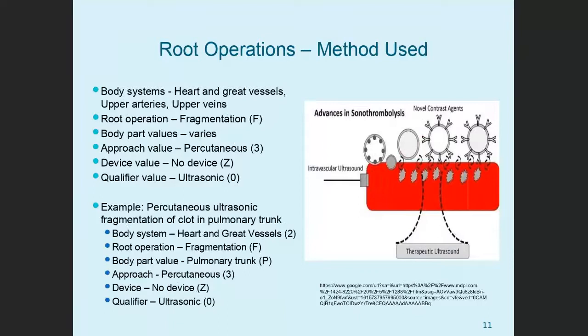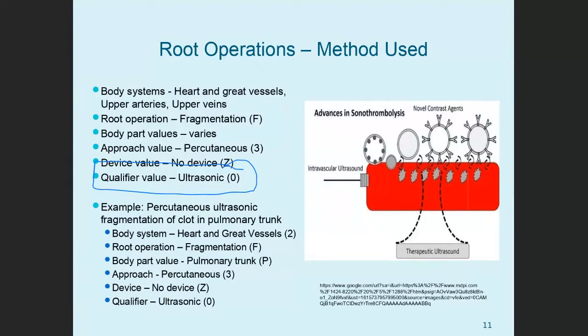Here's yet another method. This is for fragmentation procedures in the blood vessels, heart and great vessels, upper arteries, upper veins. So it's fragmentation, it's percutaneous, and the qualifier value is ultrasonic. An instrument is put in percutaneously to insert a device to get it to a vessel, and then an ultrasound probe is used to fragment a clot.